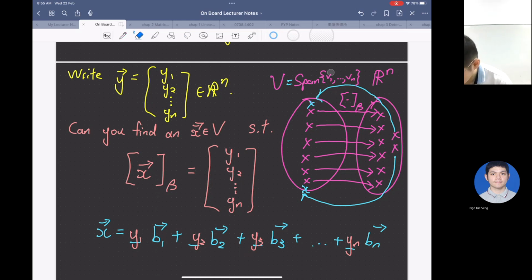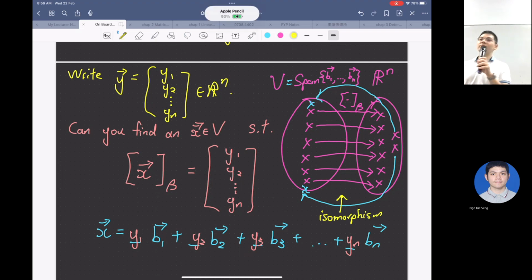Sorry, I used B; I should use V1 up to Vn because we used B just now. If your vector space is the span of V1 up to Vn, then this is what we call an isomorphism.